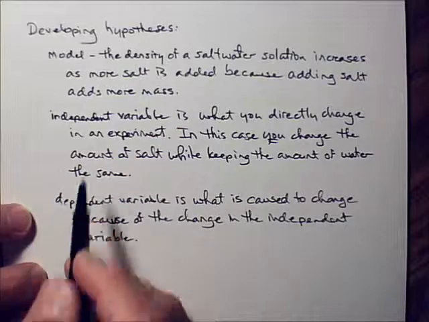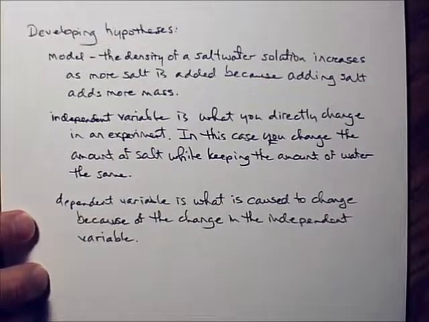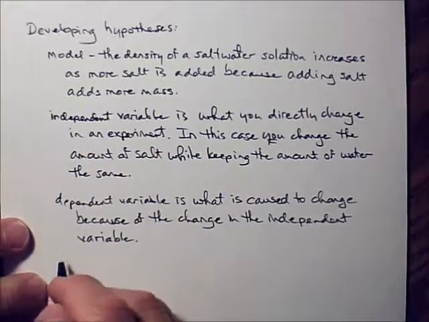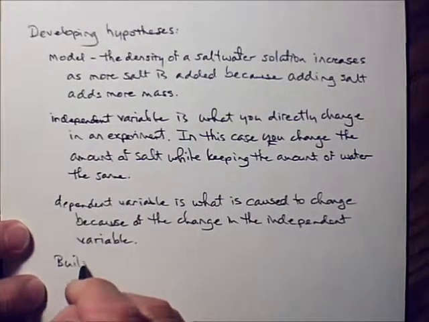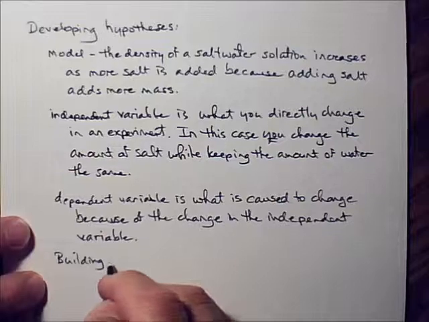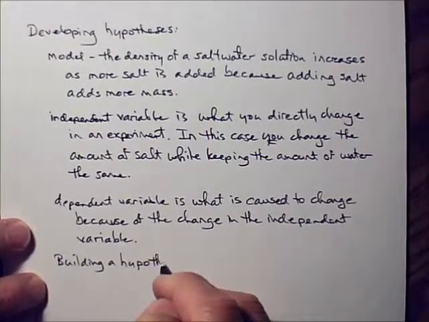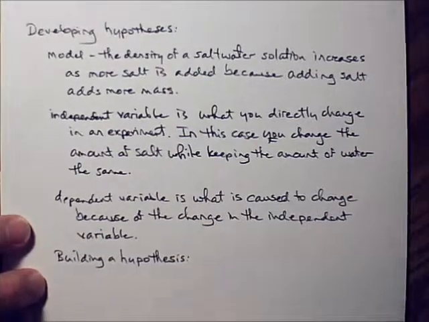Okay. Now, we've got an independent variable. So here is how we're going to build, and we got a model. Here's how we're going to build a hypothesis, okay? How long does the hypothesis have? There's no set length. All you have to do is meet the requirements. Okay?